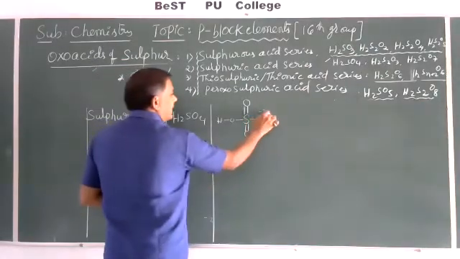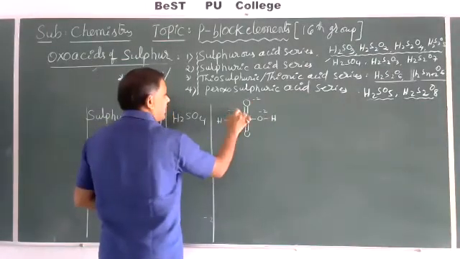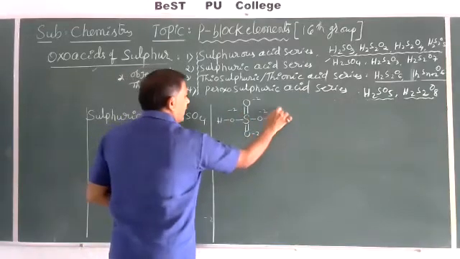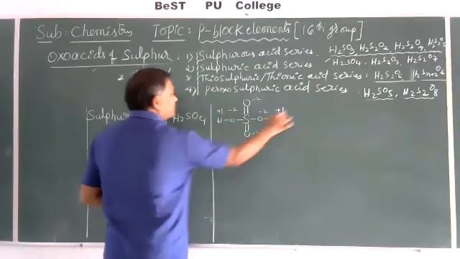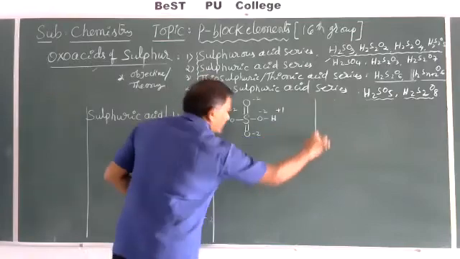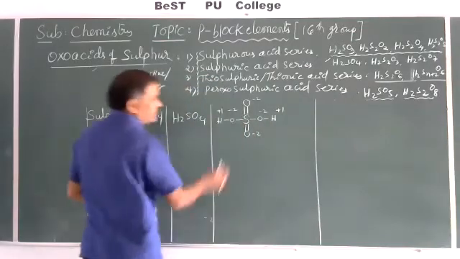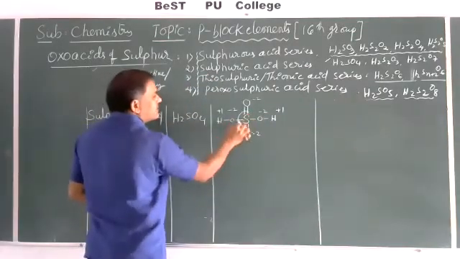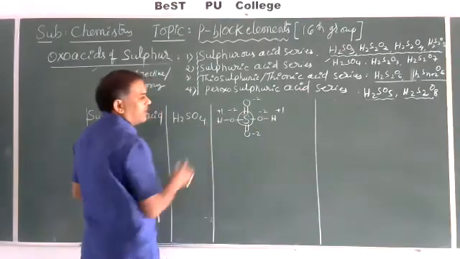Now this oxygen is -2, this is -2, this is -2 and also -2, hydrogen +1, hydrogen +1. Now its structure is clear. By using this we can easily estimate its oxidation state. Only one sulfur is there.